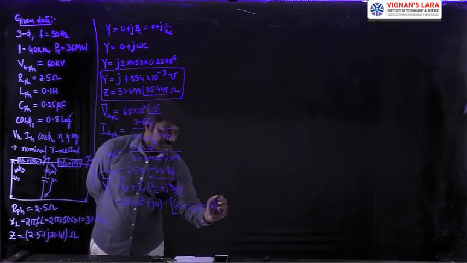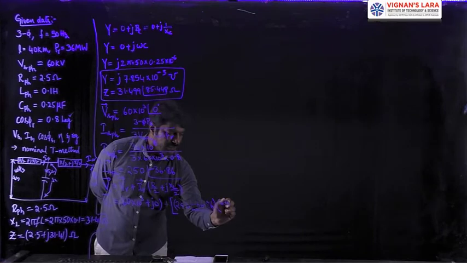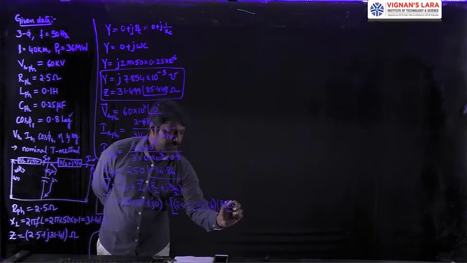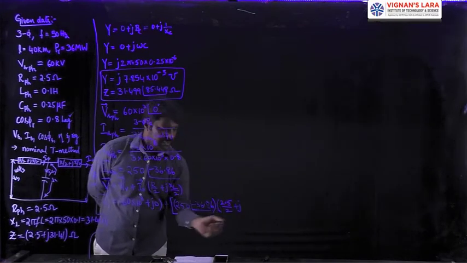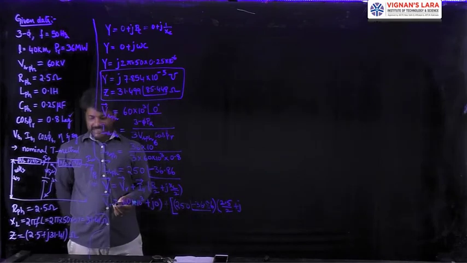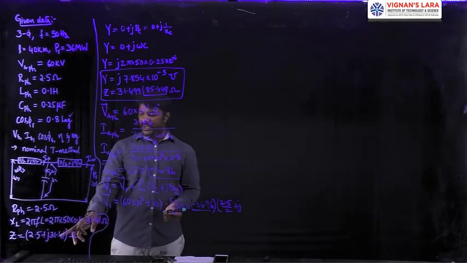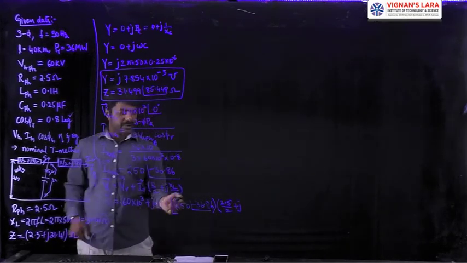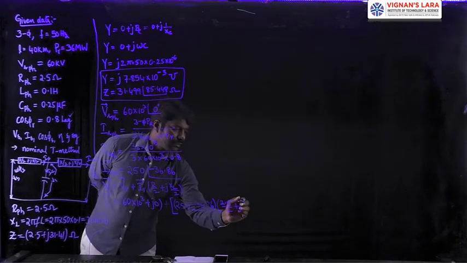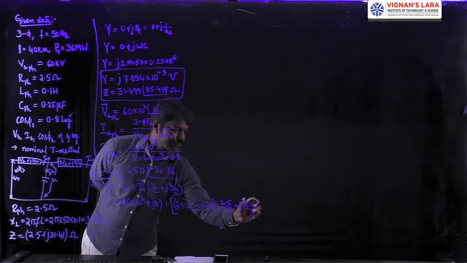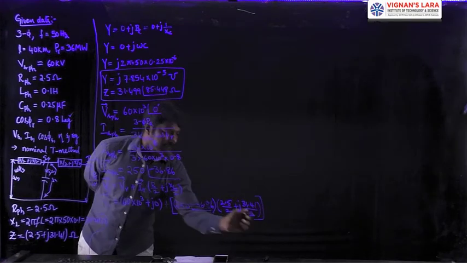What is R by 2? 2.5 by 2 plus j XL by 2. What is the XL value? Previously we calculated that XL as 31.41, so 31.41 by 2. This is the KVL.